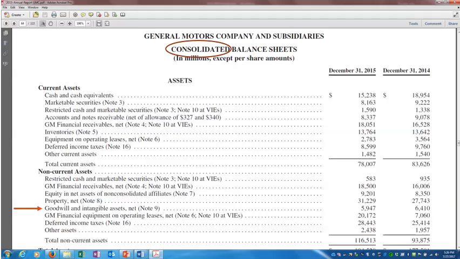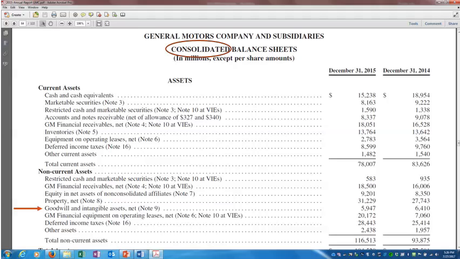Just to give you an idea of consolidated financial statements, this is General Motors consolidated balance sheets, which means that they add together all of their subsidiaries, all of the companies that they own more than 50% of, all added together.